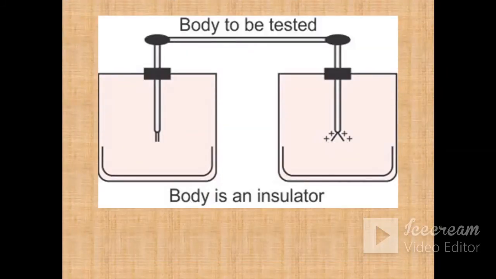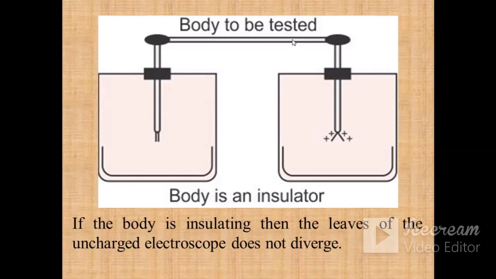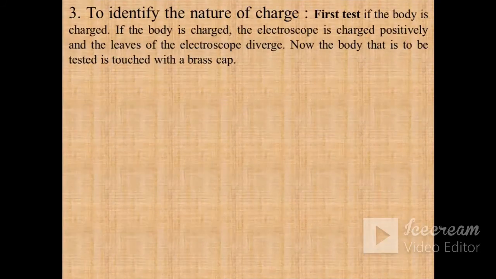Similarly, if the body to be tested is an insulator and we put that body onto this, then you can see there is no divergence on the leaves. So we can say that the body that we are using here is an insulator because an insulator does not allow the charges to pass through it. So like this we can test whether the given body is a conductor or an insulator.